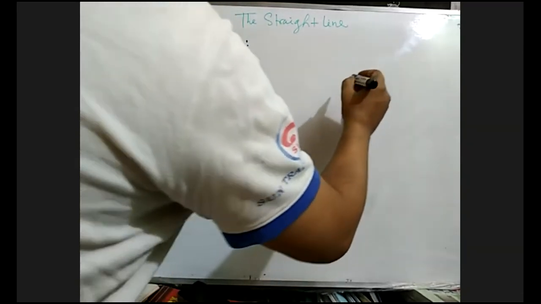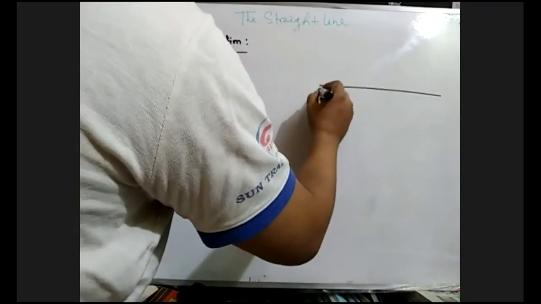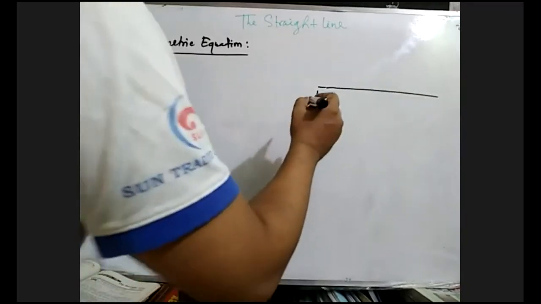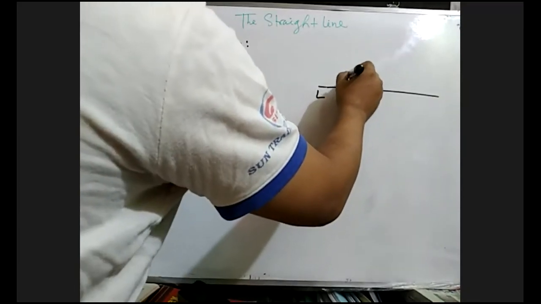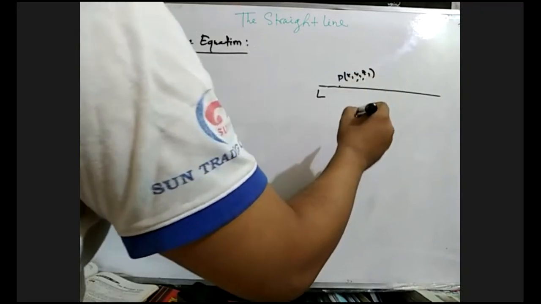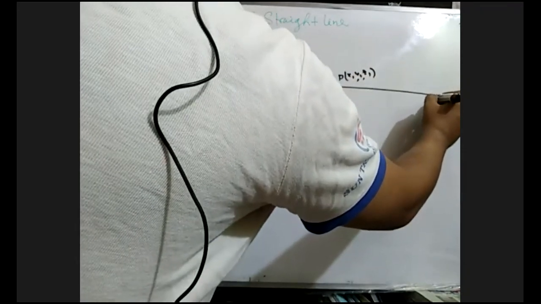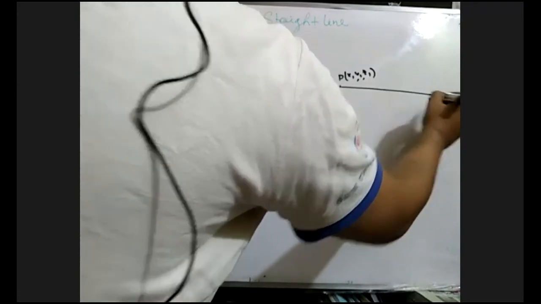Suppose this is any straight line. Suppose any point P1 is x1, y1, and z1, and this is any point P, x, y, z.